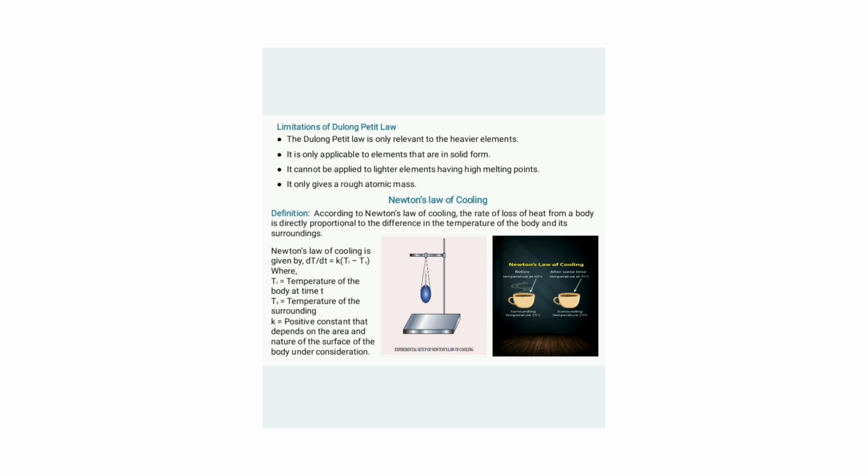Newton's law of cooling is given by dT/dt = -k(T(t) - Ts), where T(t) is the temperature of the body at time t, Ts is the temperature of the surroundings, and k is a positive constant dependent on the area and nature of the surface of the body.